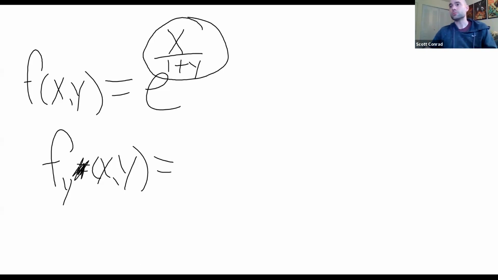So e raised to, so when you differentiate e to the power of something, what happens to e? So for just like e to the y, what happens when you take the derivative? Right, so you would just get e to whatever the power was. So that's the derivative of the outside part.